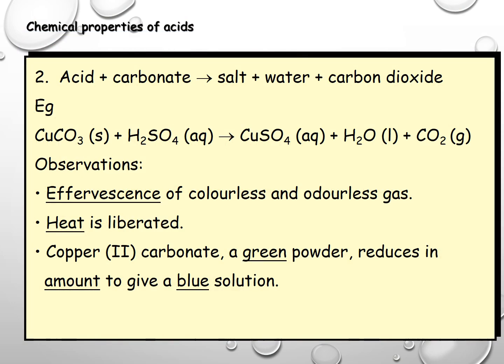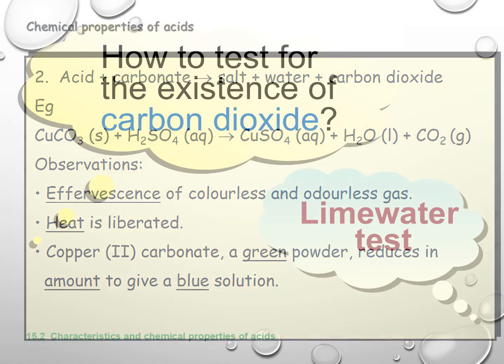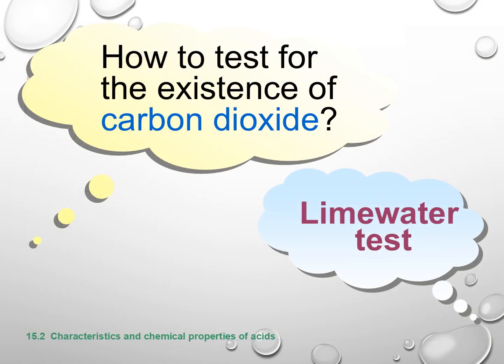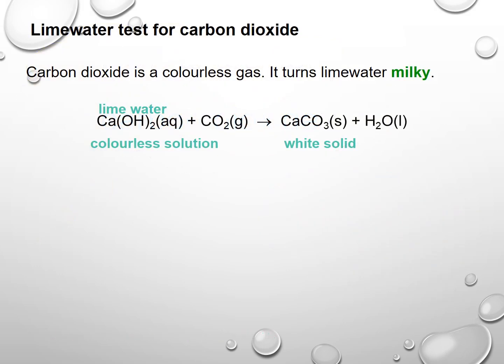Another important reaction is between acids and carbonates. When an acid reacts with a carbonate, a salt, water, and carbon dioxide gas are formed. Effervescence, or bubbling, is observed because carbon dioxide is released.